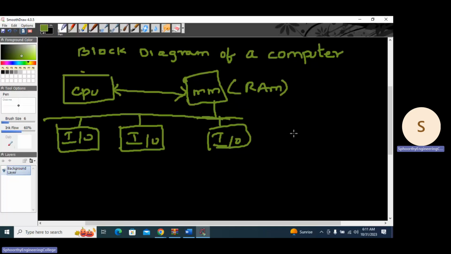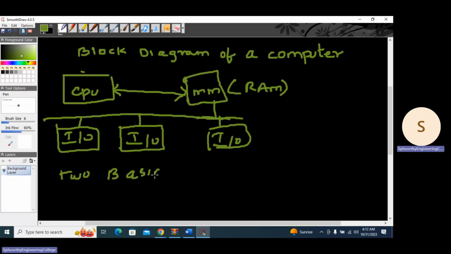So why are we talking about the block diagram of a computer here? The reason is that we are going to write programs, right? And in a program, the two basic elements of any program, we have discussed in our previous lectures also.